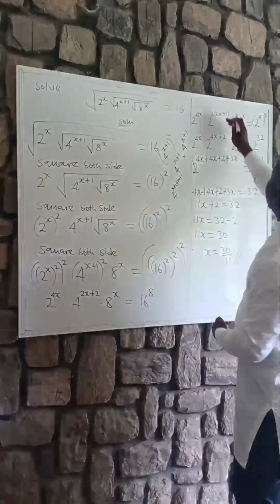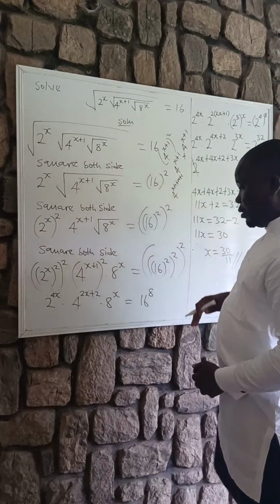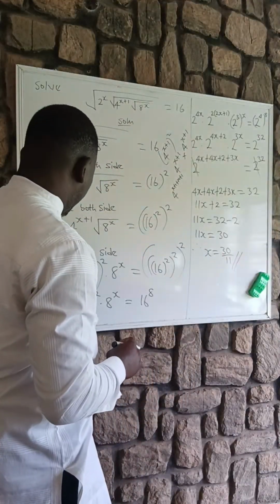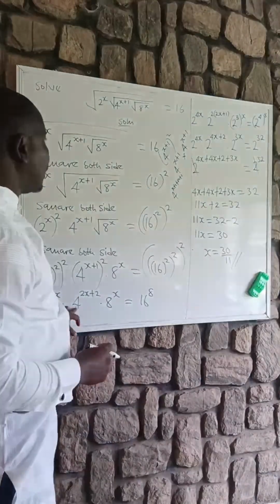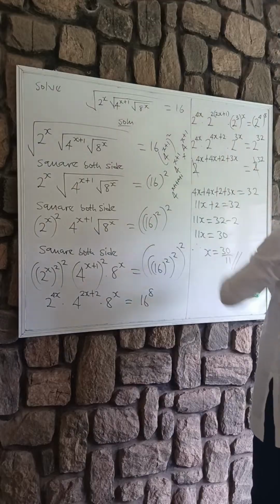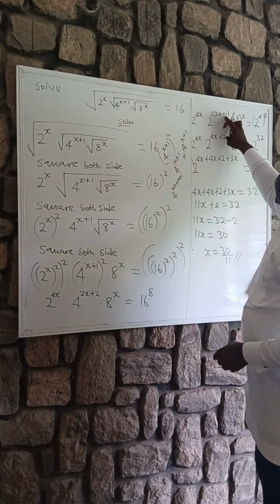Is it not the same thing we got here? Oh, yeah. It's 2x, but I still need to reduce it to this base. So I'm supposed to have 2 here. Right. Okay, here.